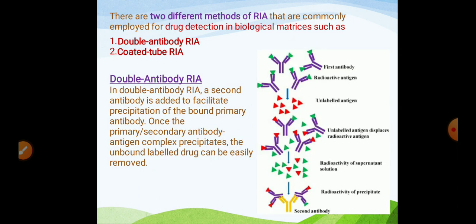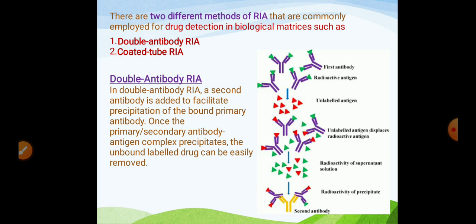So this RIA has two different methods. One is double antibody RIA. Second one is coated tube RIA. In the case of double antibody RIA, we need to add the first antibody as well as radioactive antigens. Then we have to add unlabeled antigens. Then what will happen?